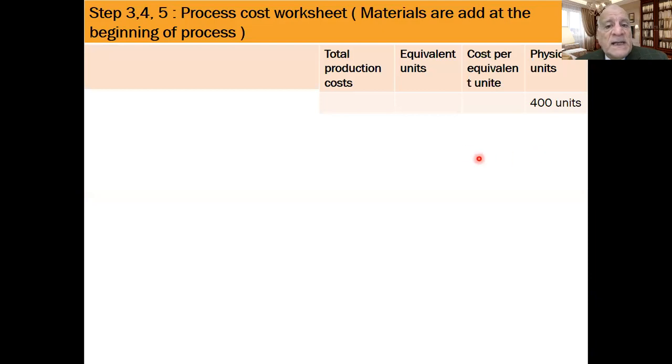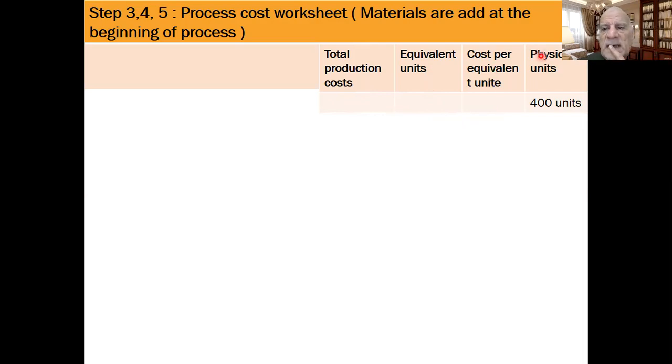As you see, this worksheet consists of 4 columns. The first column is for total production costs. The second is for equivalent units. And when dividing each total cost of each element by its relevant equivalent units, we will have the cost per unit from this cost element.